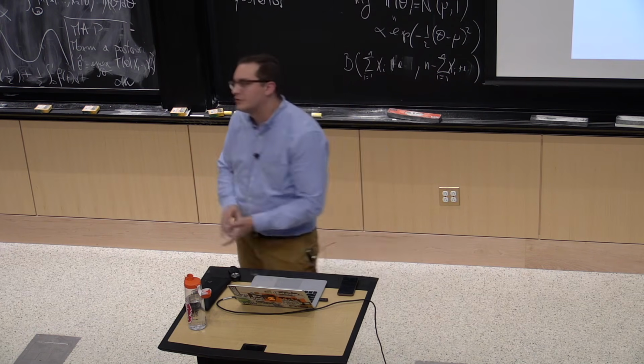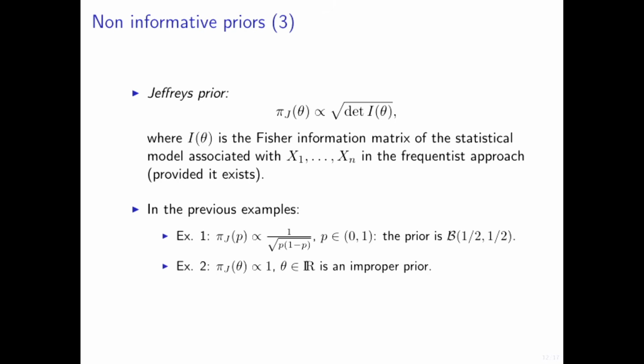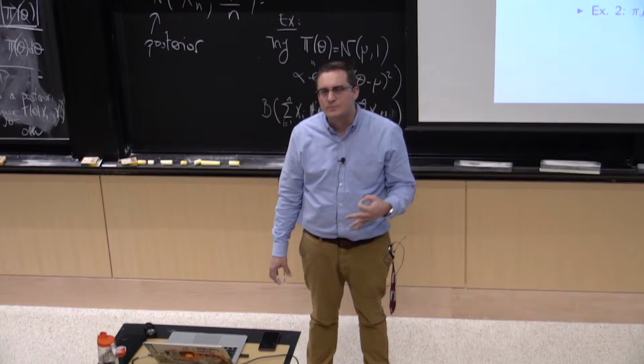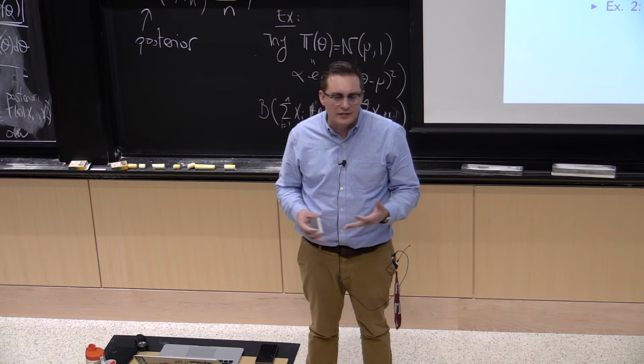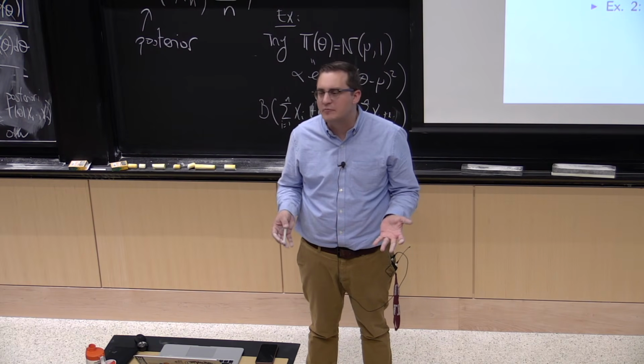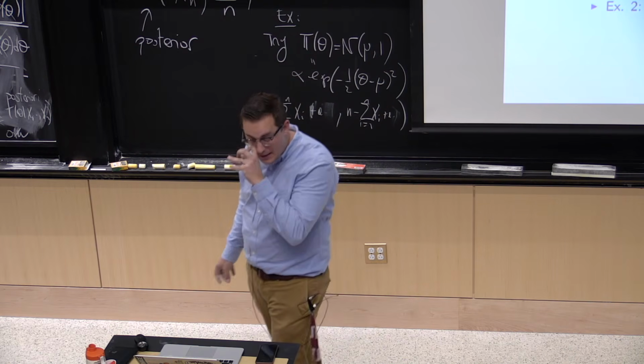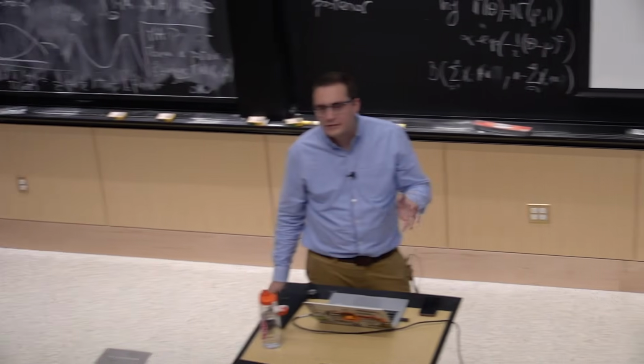Well, there's these priors that are called Jeffreys priors. And a Jeffreys prior is a prior which is proportional to the square root of the determinant of the Fisher information of theta. OK? And so this is actually kind of a weird thing to do, right? It says look at your model. Your model is going to have a Fisher information. Let's say it exists, because we know it does not always exist.